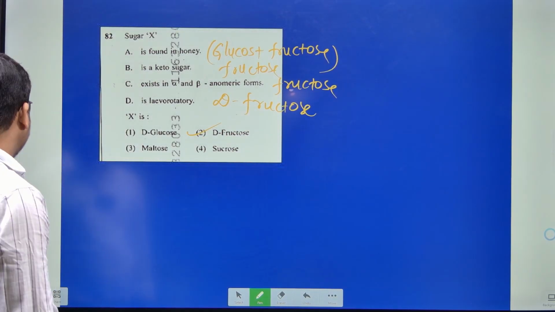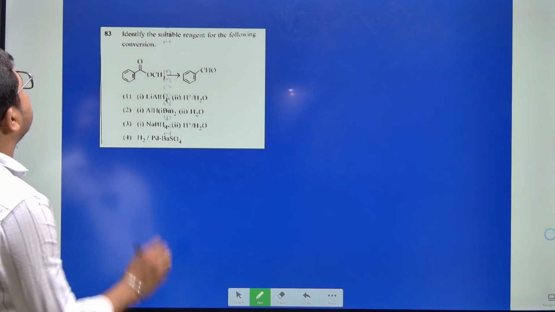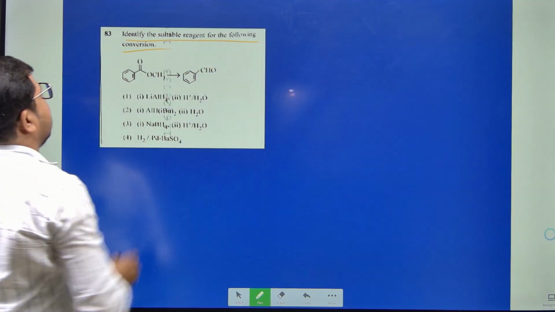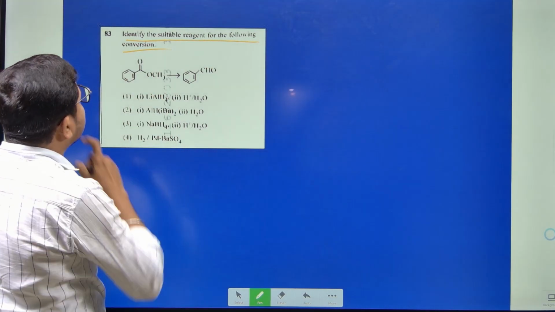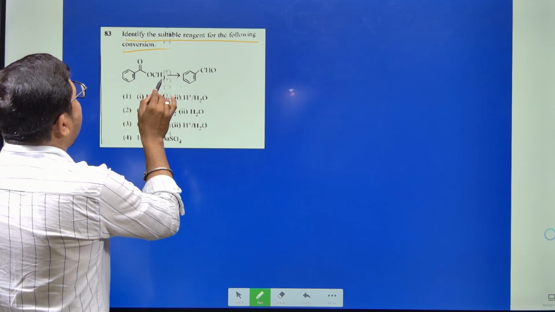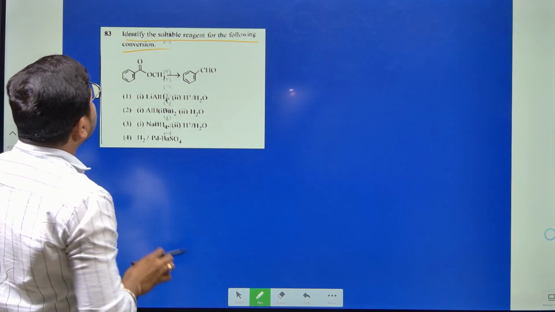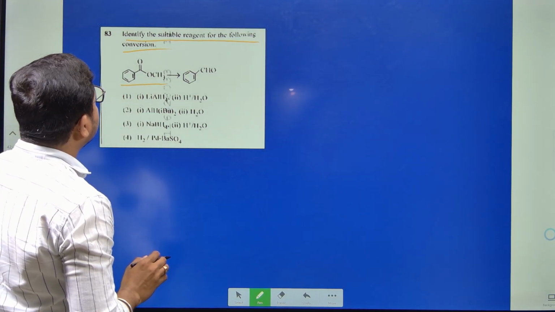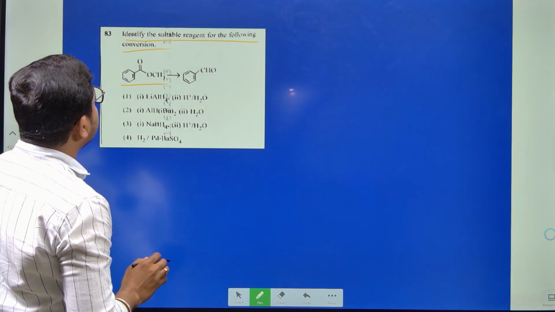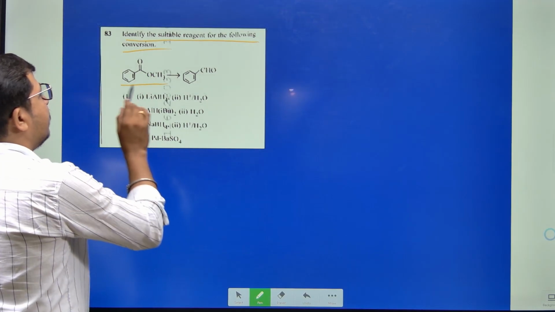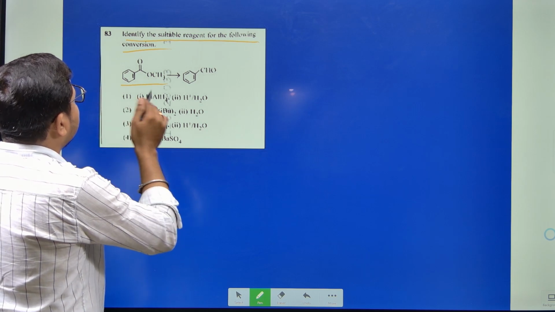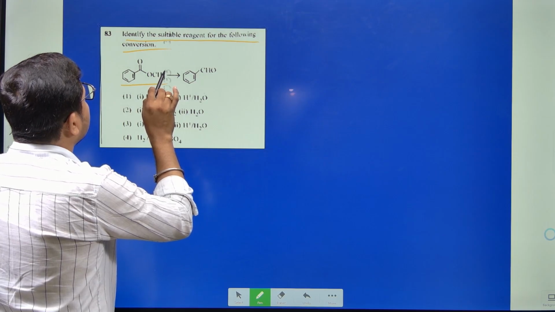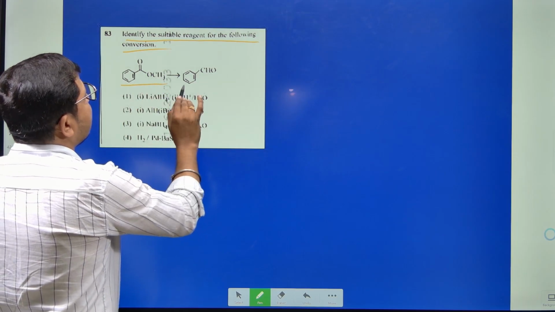82nd question. And let's move to the 83rd question. Identify the suitable reagent for the following conversion. Look here, this is the conversion of a methoxy ketone, that is an ester, into an aldehyde.